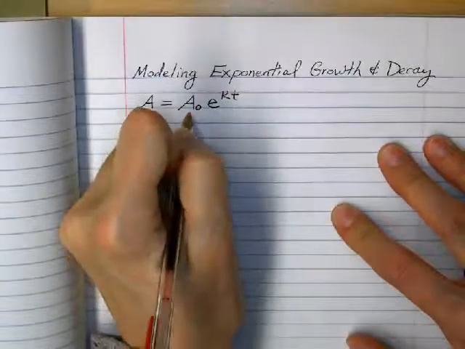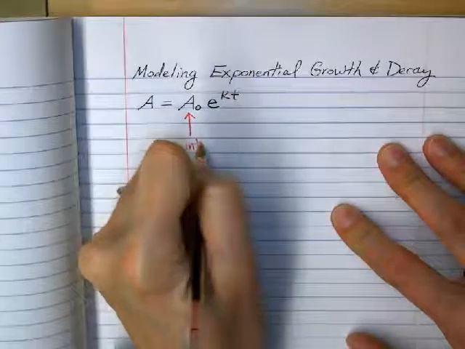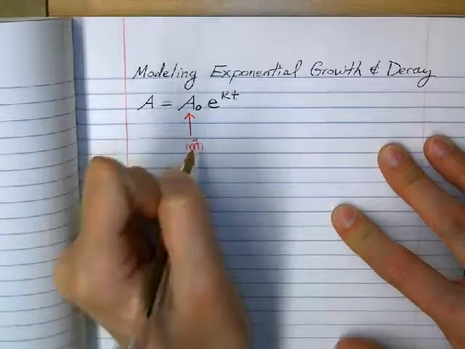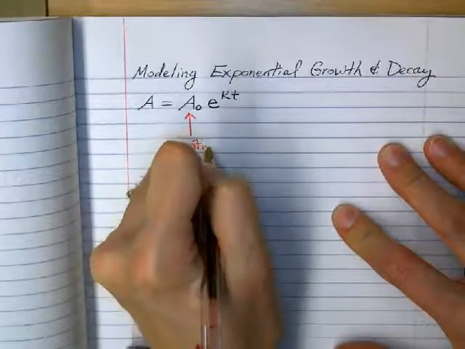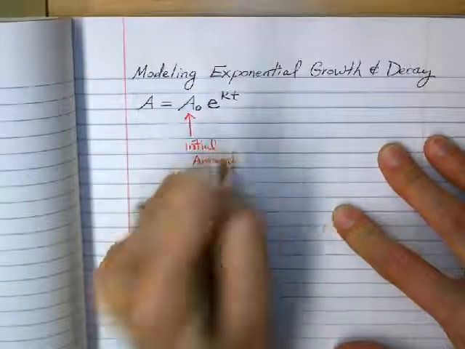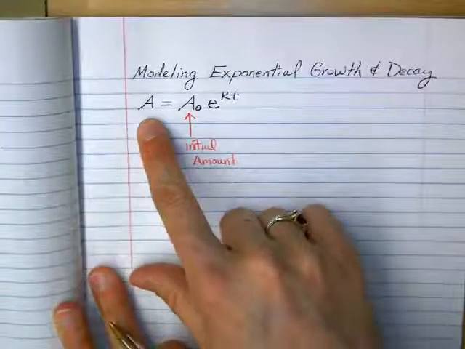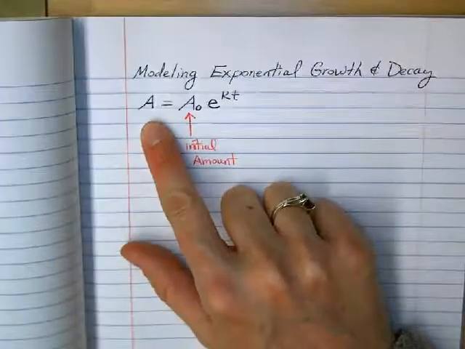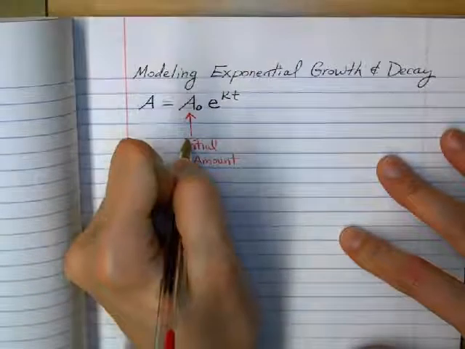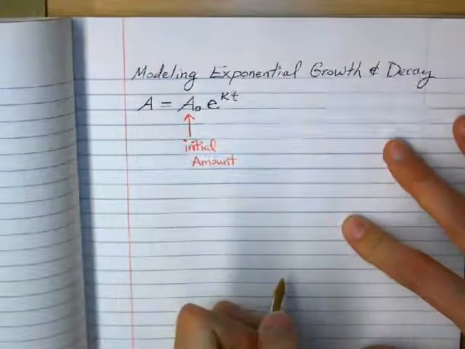So this A0, that's the initial amount. And then the A over there is like an ending amount. Like when you're done, that's what the problem equals, obviously. So the A0 is the initial amount.